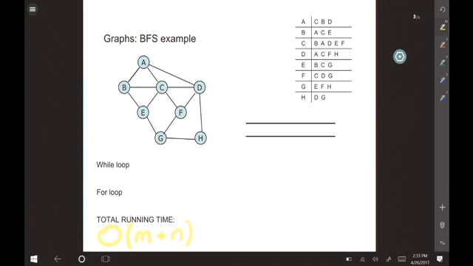So the first thing I want to observe is that all of this labeling and bookkeeping is all constant time. Updating the P, updating the D, setting the vertices, enqueuing, putting things on the queue and taking things off the queue. Those are all constant time. We're going to lump those together and call them processing, like a process step.